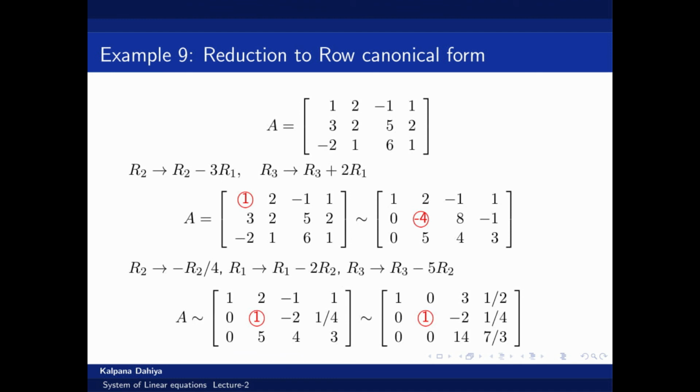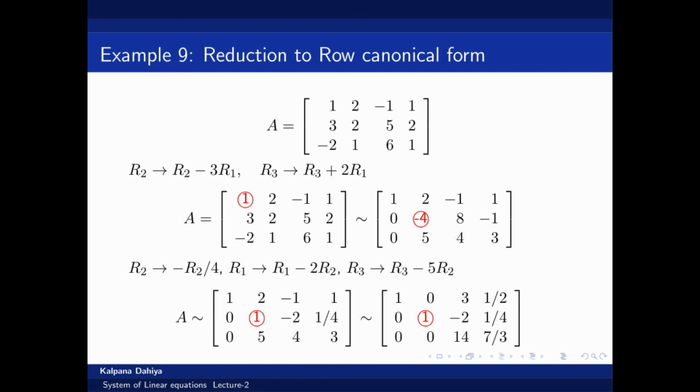Here I am making the second entry in the first row 0, so that in the second column we just have pivot element 1 and all other entries are 0. So I am applying the next operation: change first row to first row minus 2 times second row. So the first row reduces to 1, 0, 3, 1 by 2.